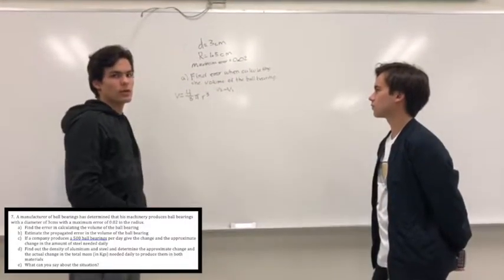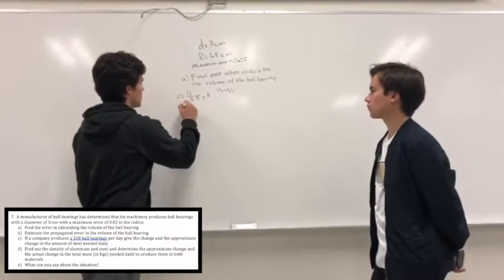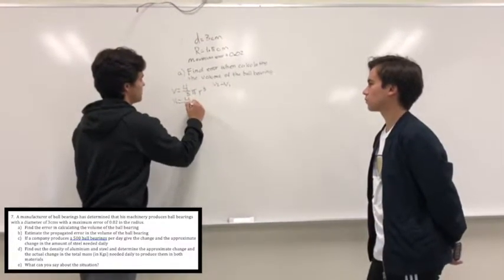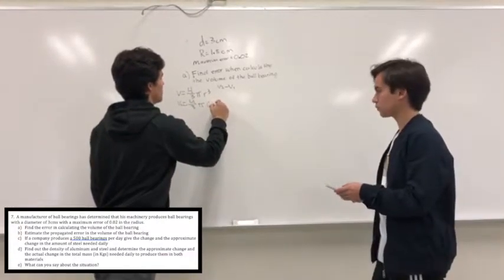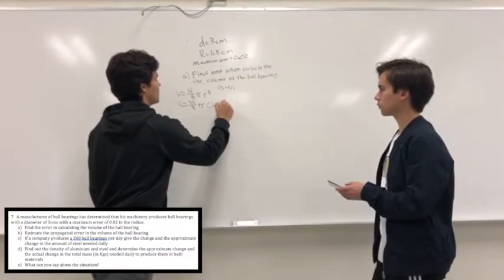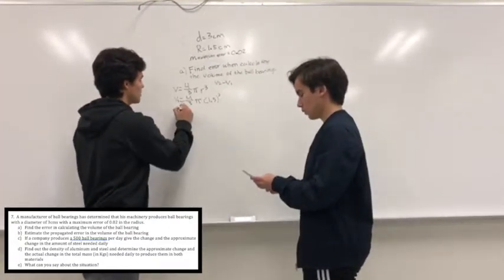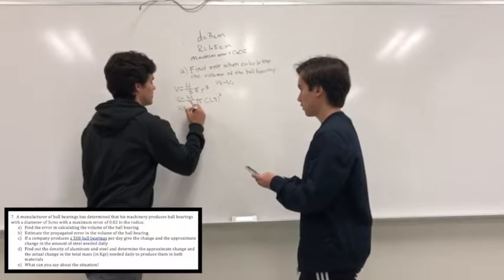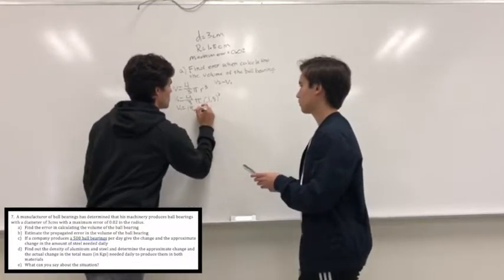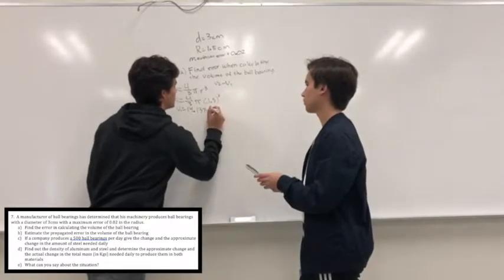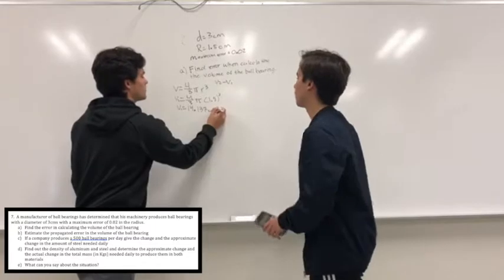So first, we're going to do volume number 1, which is 4/3 pi times 1.5 to the third power, and it will give you 14.137 centimeters cubed.